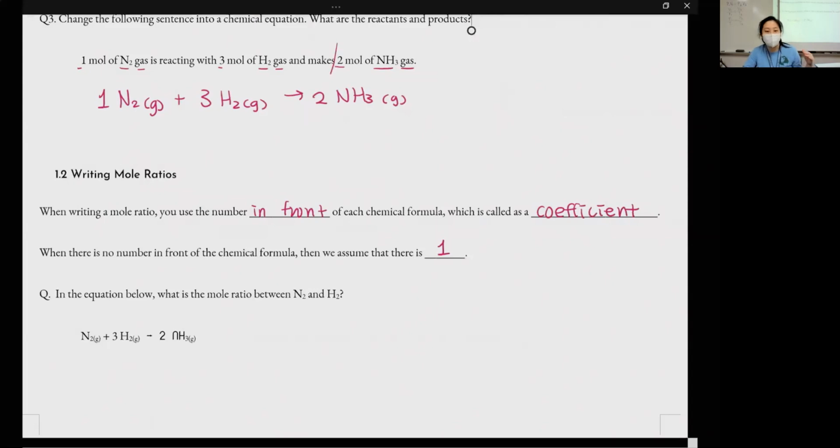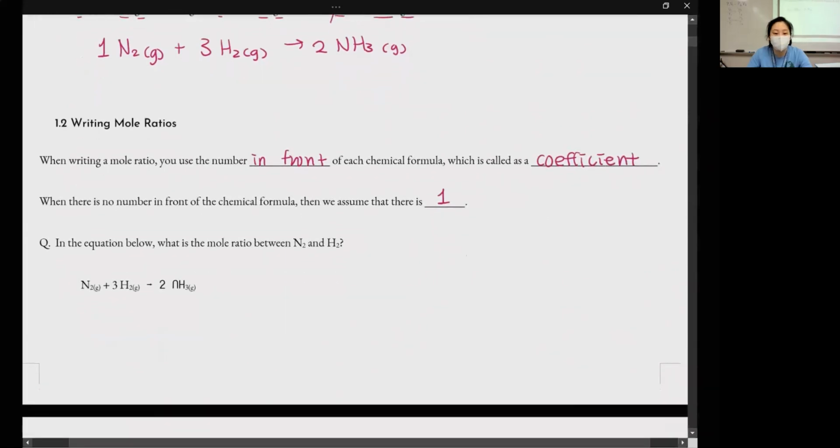So if there's no number, then we will assume that there is 1 in front, such as this one. If you don't see any number, then we assume there is 1 mole. And this one right there can be removed. You don't have to put 1 in front because that's an assumption whenever we write the chemical formula.